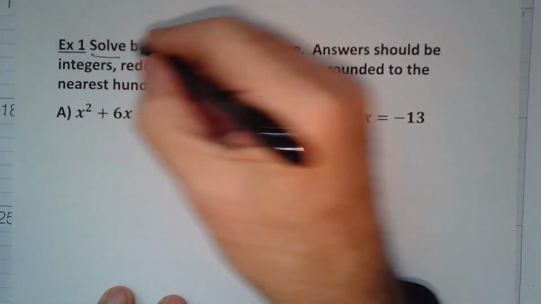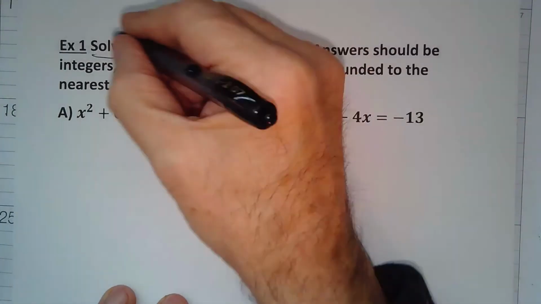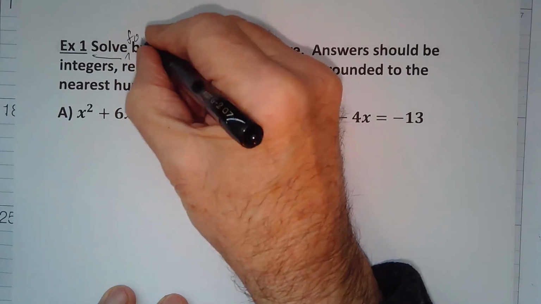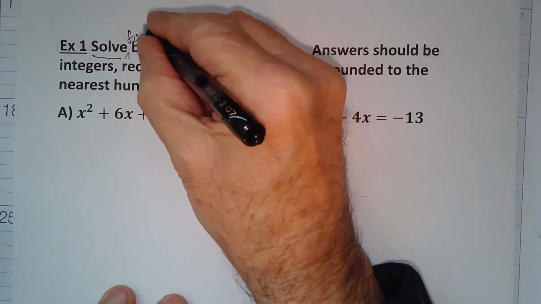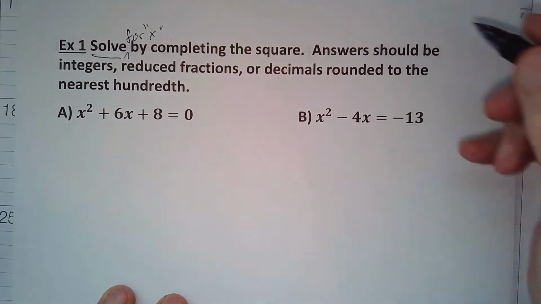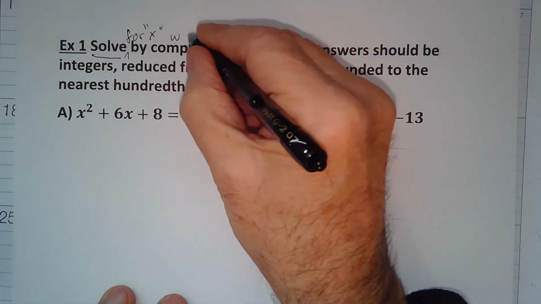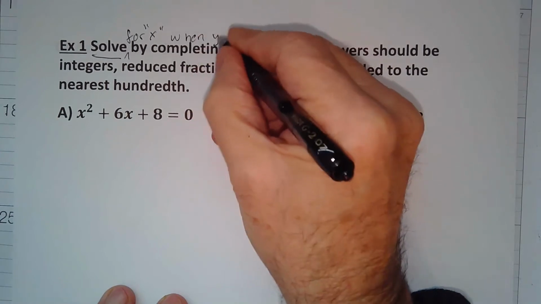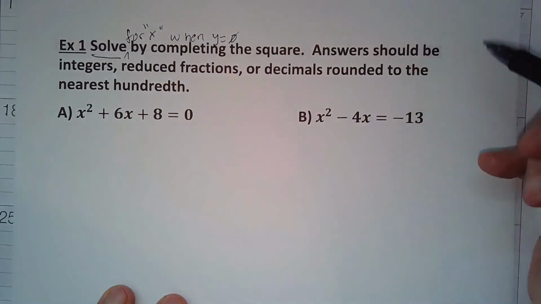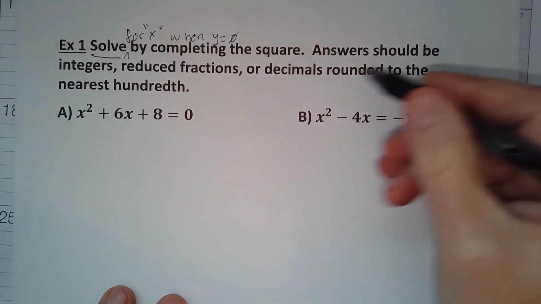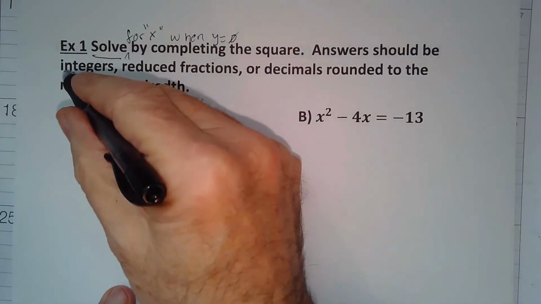So in other words, solve for x when y equals 0 by completing the square. And your answers should be integers. Now, what are integers?